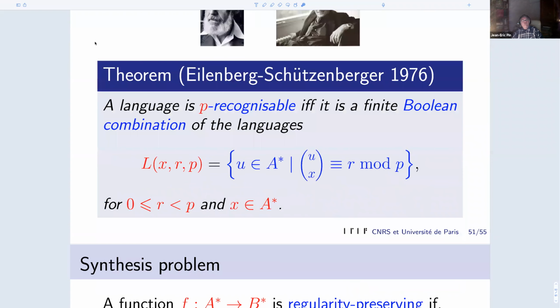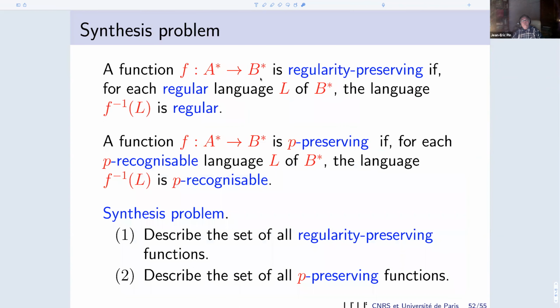It was a so-called synthesis problem. You say that a function is regularity preserving if for each regular language L, the inverse image of L is regular. In the same way, a function is P-preserving if for each P-recognizable language L, the language f^-1 of L is P-recognizable.